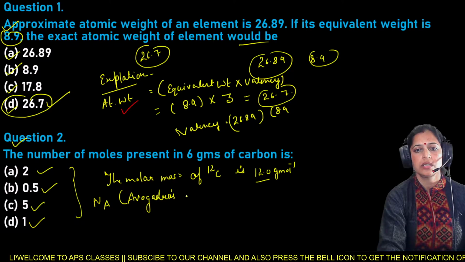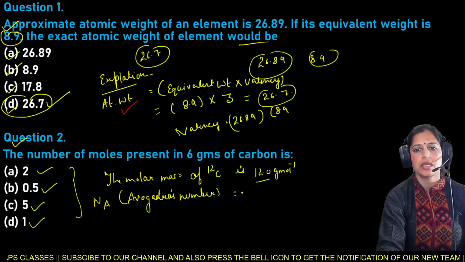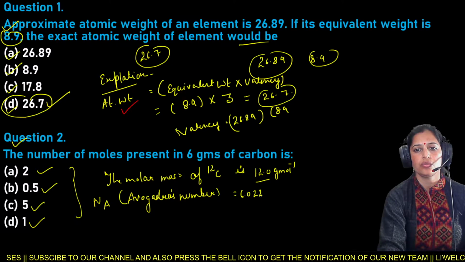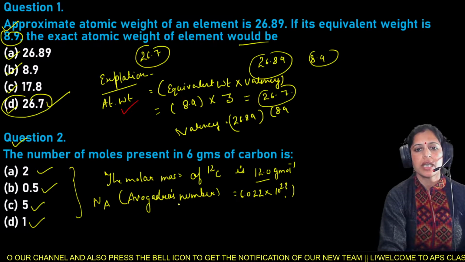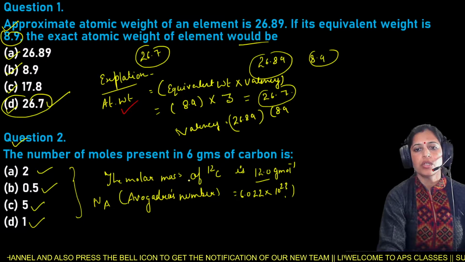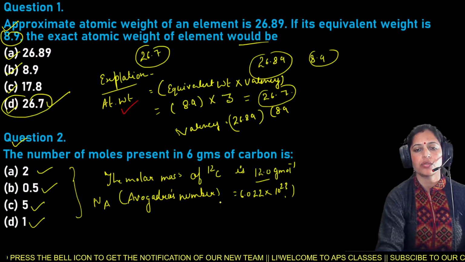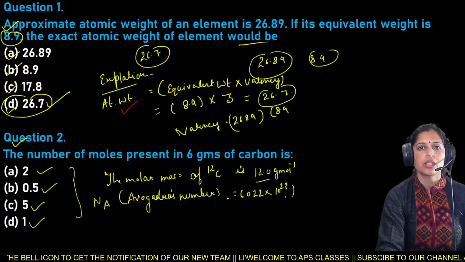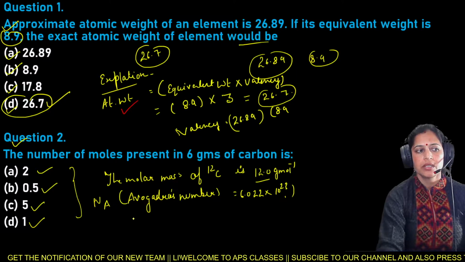The Avogadro's number is 6.022 into 10 raised to power 23. So the molar mass of carbon-12 is 12.0 gram mole inverse, and the value of the Avogadro's number is 6.022 into 10 raised to power 23.